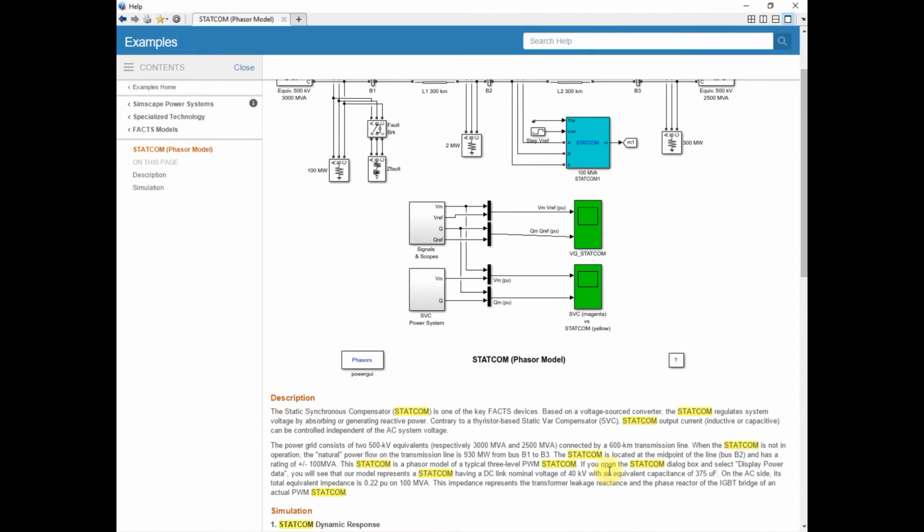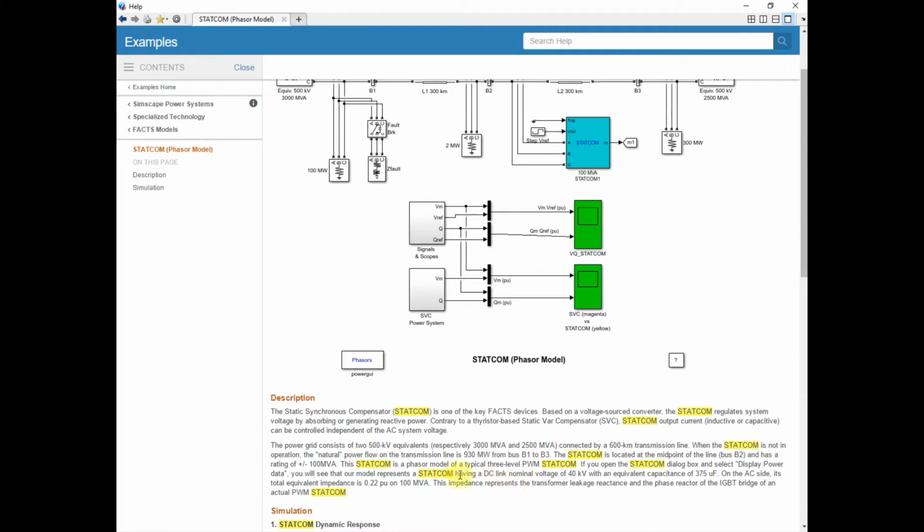If you open the STATCOM dialog box and select the display data, you will see that this model represents a DC terminal voltage of 40 kV with an equivalent capacitance of 375 microfarad, and on the AC side the total equivalent impedance is 0.22 per unit on 100 MVA base. This impedance represents the transformer leakage reactance and phase reactor of the IGBT.